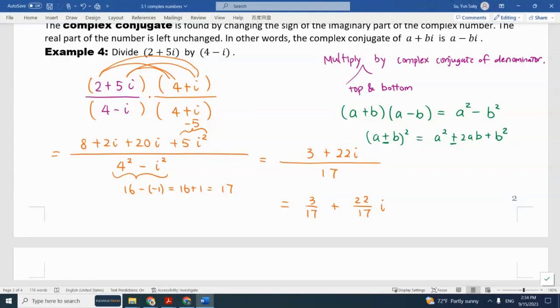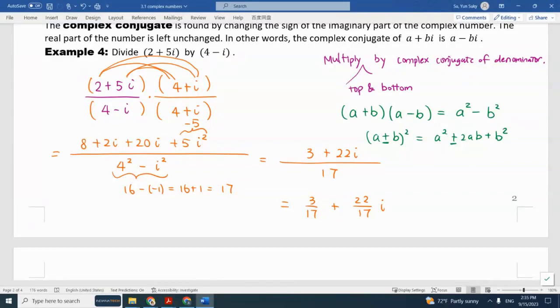We multiply top and bottom, and the numerator remains the same. So we multiply this whole thing by the complex conjugate of the denominator, but don't change it to 7 plus 3i. Only the complex conjugate of the denominator.